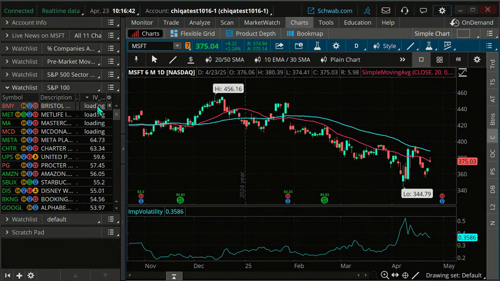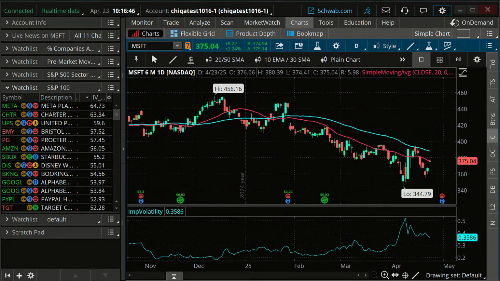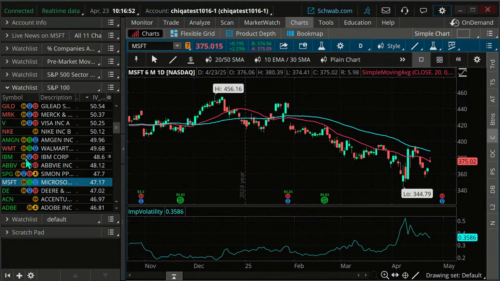So let's do this. Now, here we go. I'm loading this. This is saying, hey, compared to where it's been, here's Microsoft. This is about mid-range compared to where Microsoft has been. Let's do this. I don't want to spend too much time on this because I want to get to trading and stuff. Look, we were just above, I think this is like 52.